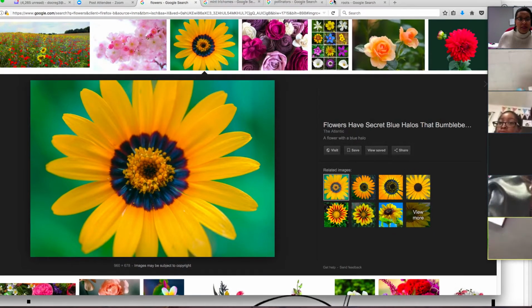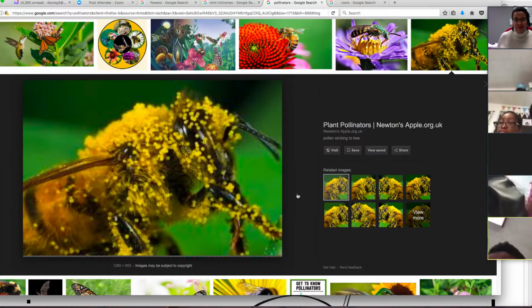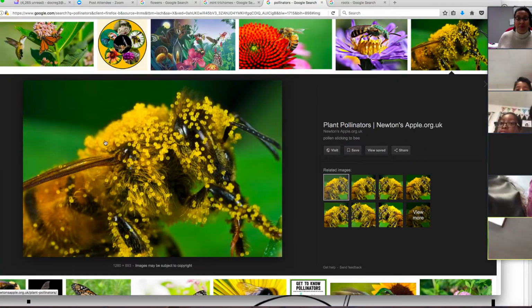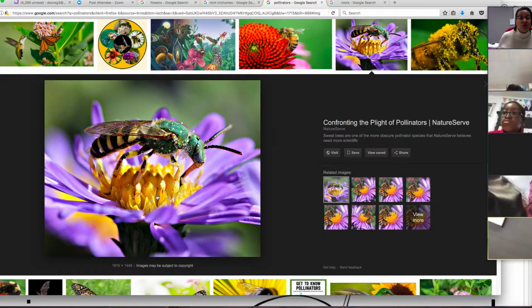And let's see if Dr. McClinton can, there it is. There's a picture I wanted. This is a bee. And you see all these pretty yellow spheres or balls on it? Each of those is a grain of pollen. And the bee has the pollen on it from one flower, will then go to a different flower and transfer the pollen.